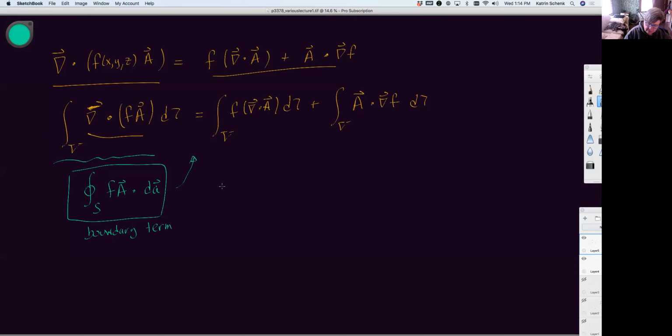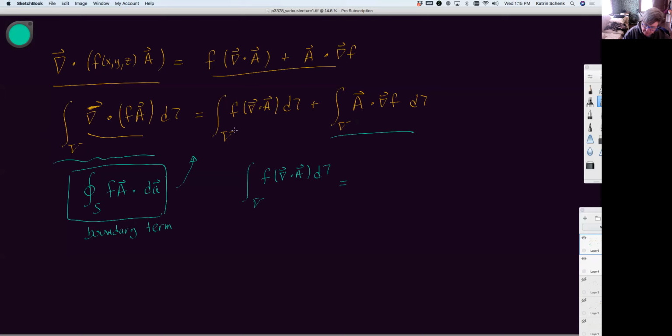So that means that this integration by parts, the equivalent, right, is that we can write down that the integral of f del dot a d tau over that volume is equal to the change of the derivative, right?